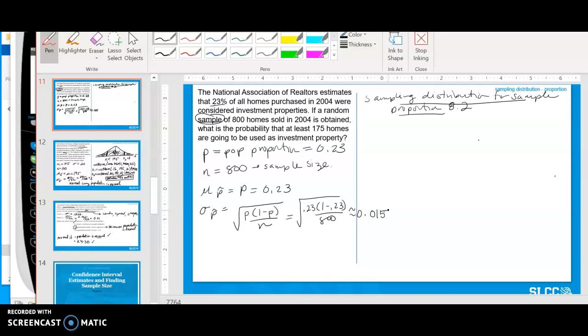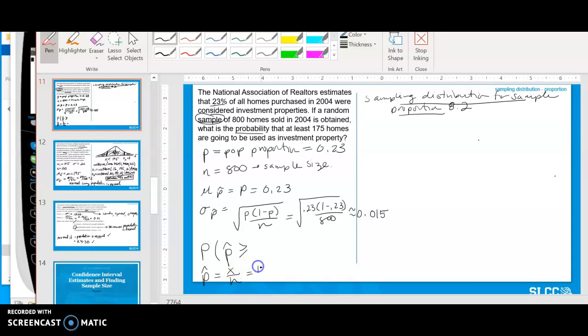so we want to know the probability that at least, so we're going to have that my sample proportion, because that's what I'm looking at, is at least, so it's greater than or equal to 175 homes. So 175 homes isn't a proportion. Proportions are between 0 and 1. So my p hat is going to be the number that have that quality divided by how many are in my sample.